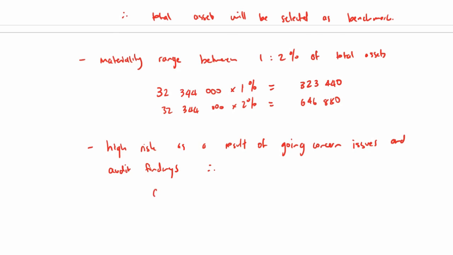Therefore, we will go with a conservative materiality, which means I want to go with the lower range. So I'm going to choose 323,440 as materiality. And I move on.